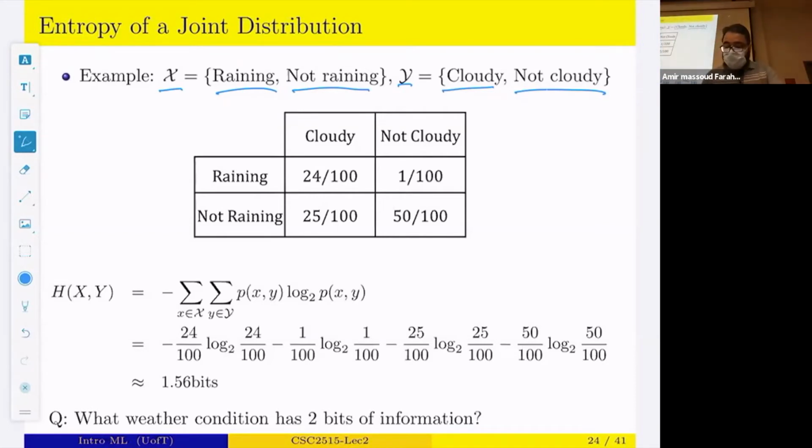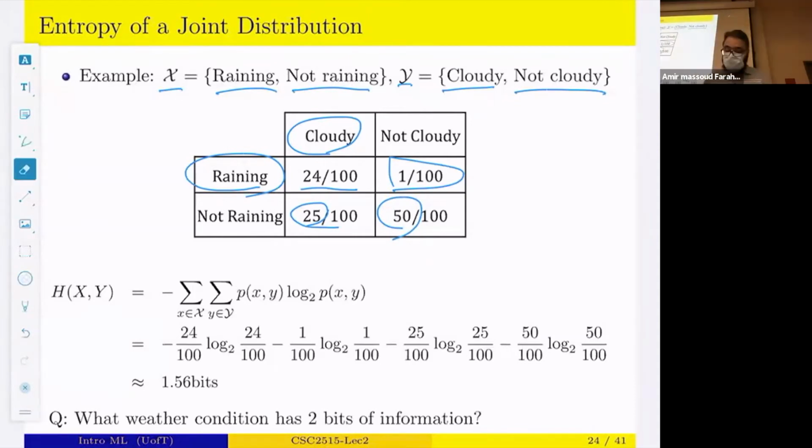Say if it's cloudy and raining, the probability is 24/100, 24%. But raining and not cloudy would be a very unlikely event, which is kind of strange. Then not raining and cloudy is 25, not cloudy and not raining is 50.